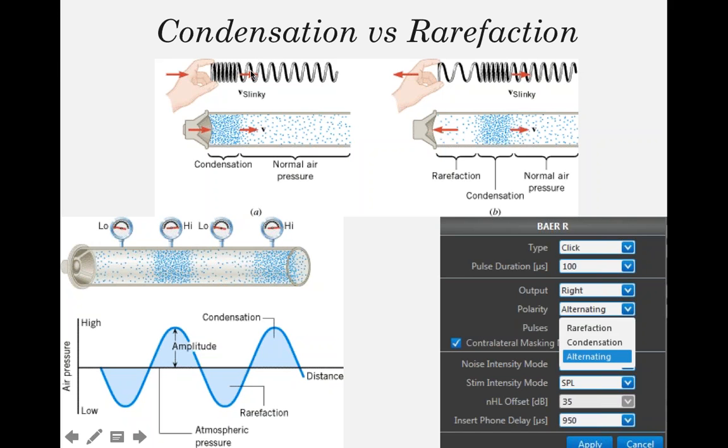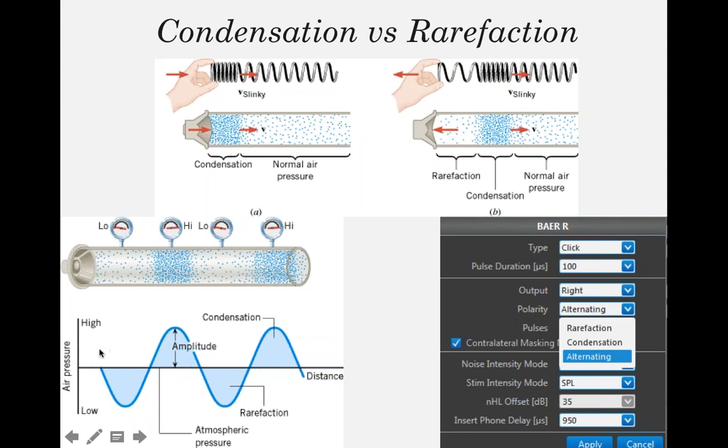And sound waves behave in this manner. So this part of the wave, this tight wave, is called condensation, and it is reflected by higher pressure. Whereas the low pressure area of the wave is known as rarefaction.